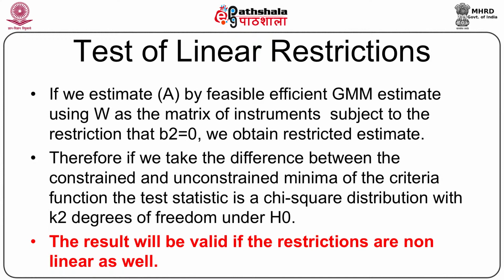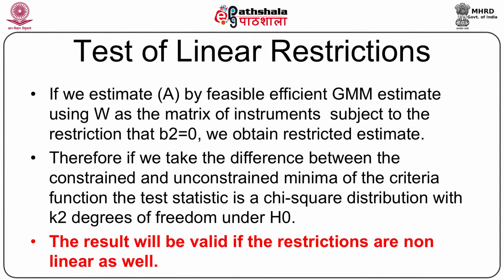Therefore, if you take the difference between the constrained and unconstrained minima of the criteria function, the test statistic has a chi-square distribution with k2 degrees of freedom under the null hypothesis H0.